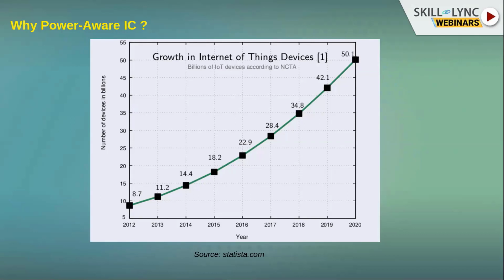It's not always the minimum power that is our priority. It's actually a trade-off between how the power budget is divided and what performance we need at any particular point of time, and it keeps varying from time to time. So the IC should have the intelligence to decide how it should spend its budget.